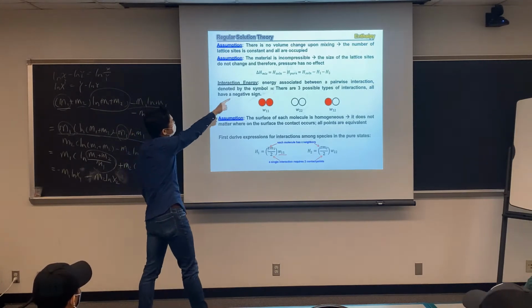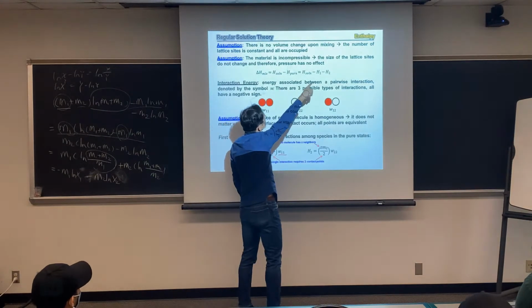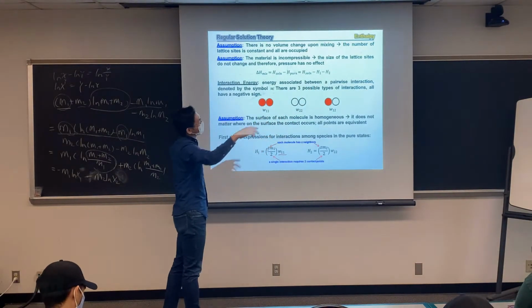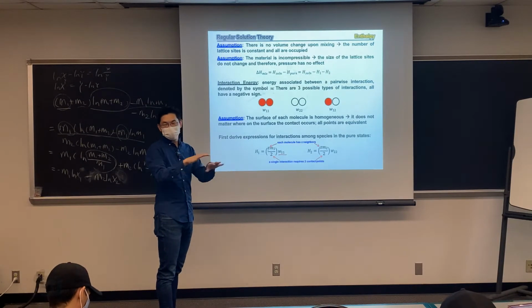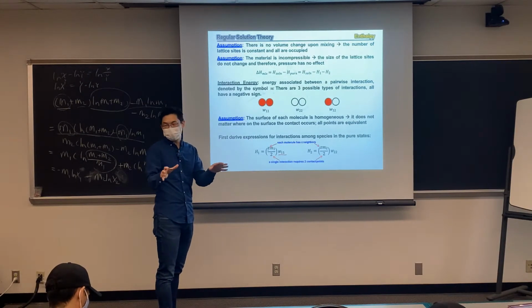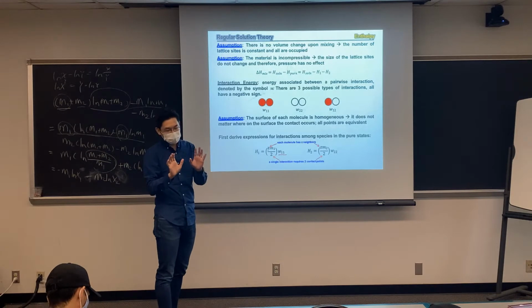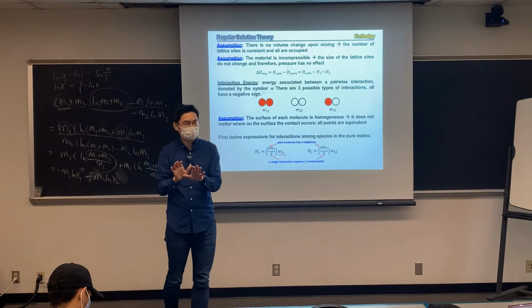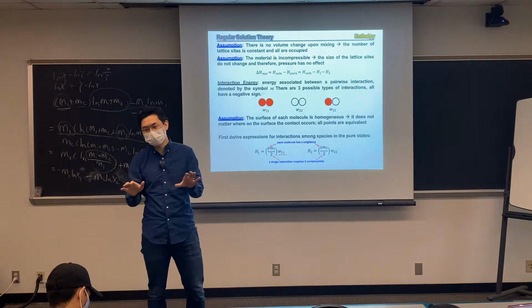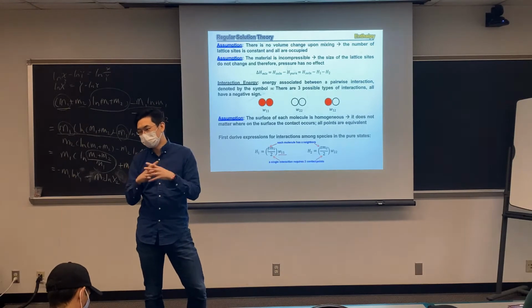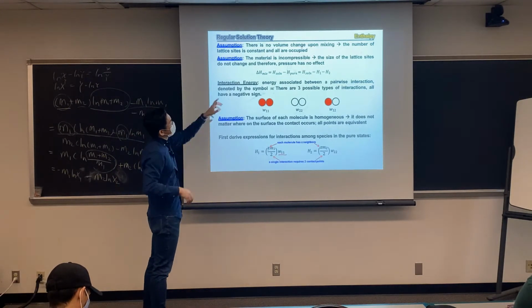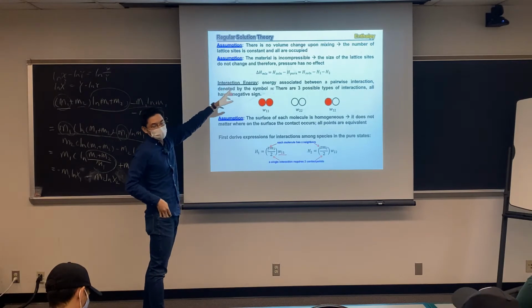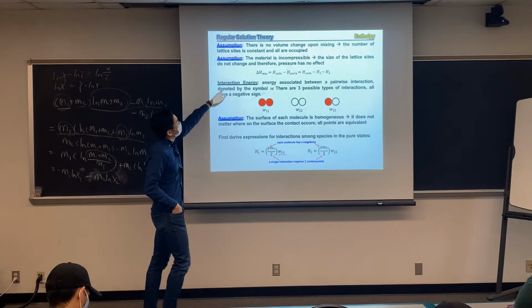First, no volume change upon mixing. When you mix toluene and hexane, you put in 1 liter to another liter, it will be exactly 2 liters, which is close but not exactly right. As we know, sometimes they do have volume reduction when you mix two solvents together, but it's not so big that it will overthrow our conclusion here.